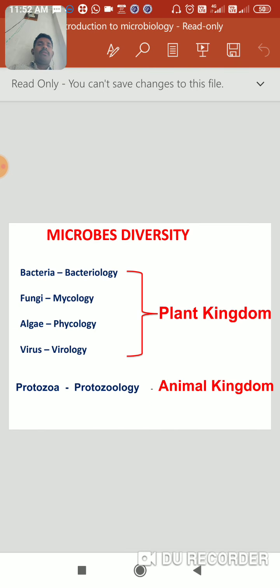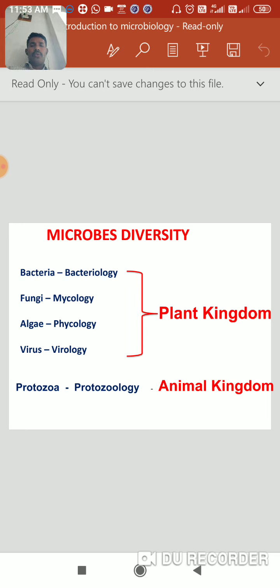Microbiology includes many branches like bacteriology, virology, mycology, phycology, and protozoology. Bacteriology means the study of bacteria, virology the study of viruses, algology or phycology the study of algae, and mycology the study of fungi.